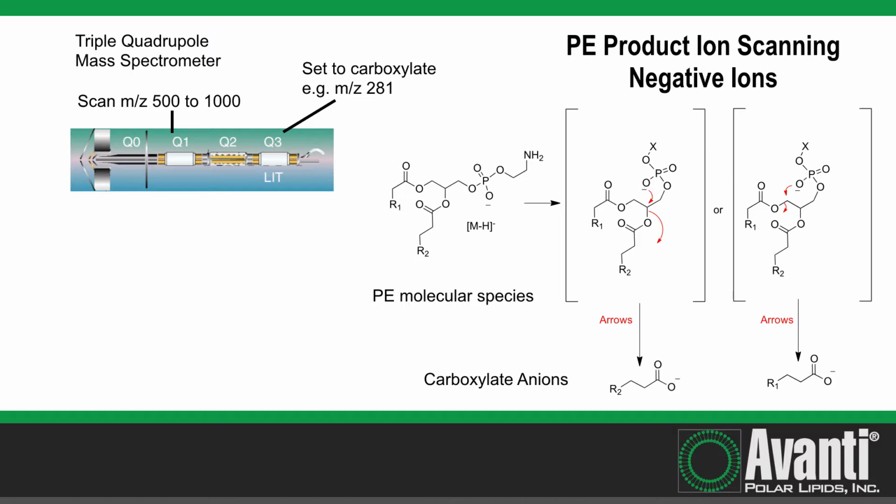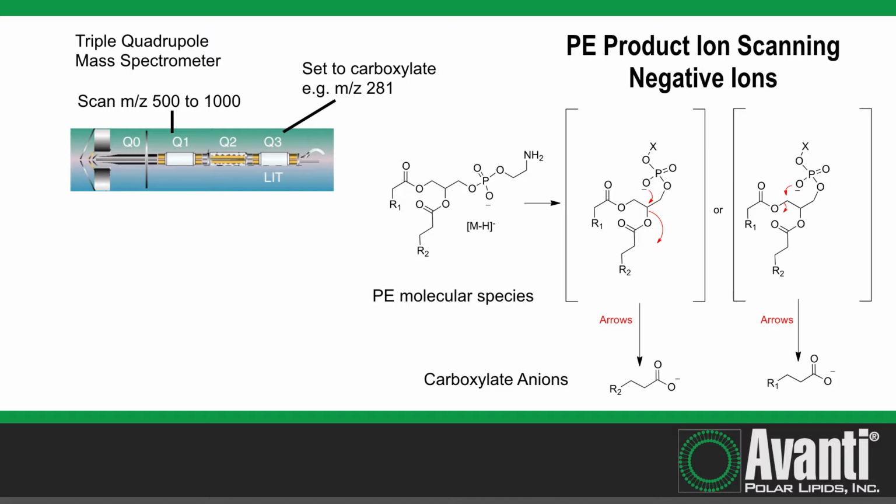And the way it is set up is that the first quadrupole is going to be in the scanning mode, and I put here that it scans between 500 and 1,000 Daltons. The second quadrupole is a collision cell where you do ion chemistry, and the third quadrupole is now set to only detect ions of a certain mass, and here it's set at 281 for this particular product ion scanning experiment.